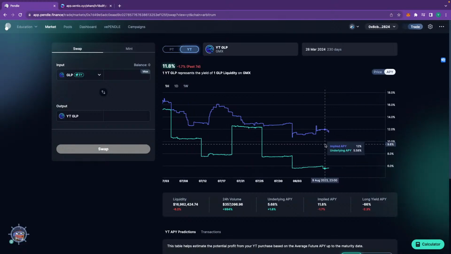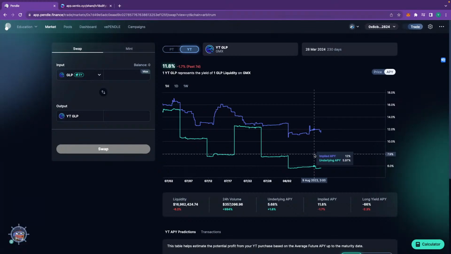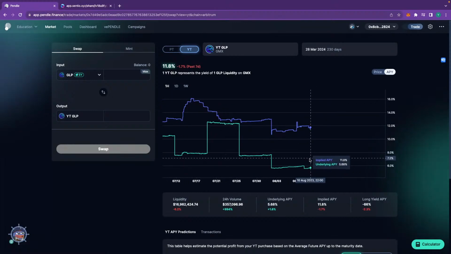So I'm relatively neutral in the long term, but in the short term, if I have to pick, I would be more bearish on GLP YT in general, just because volatility has been lower, and as of today, the predicted APY for GLP next week is only 3 point something percent. So for this market, I'm neutral in the long term, but more bearish on YT in the short term.